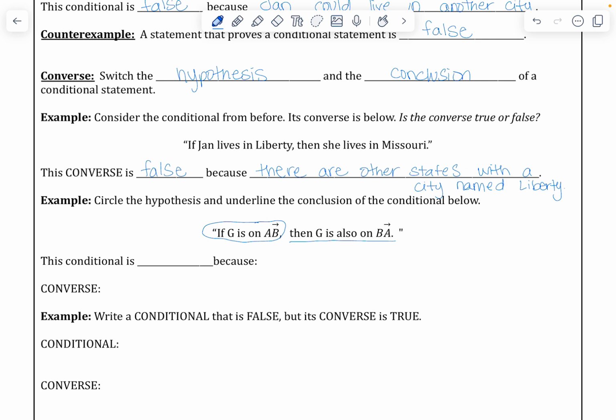This conditional is false because, let's say, if G is on ray AB, then G is also on ray BA. So let's say I have, here's ray AB, right?